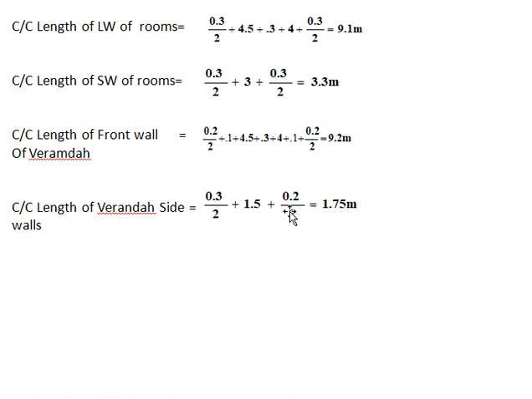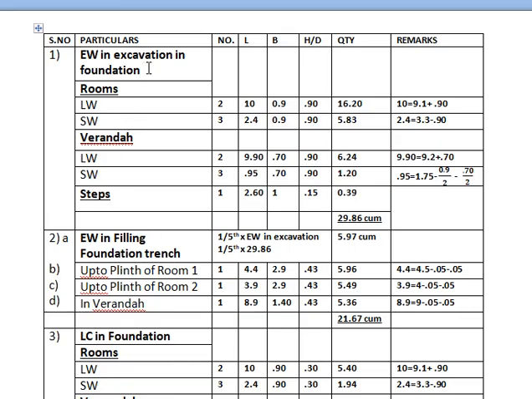So after calculating this, we will proceed as we have done in the past, in the tabular form. Let us try to calculate all the other things which are asked in this question. The first thing we will calculate is the earthwork in excavation in foundation.